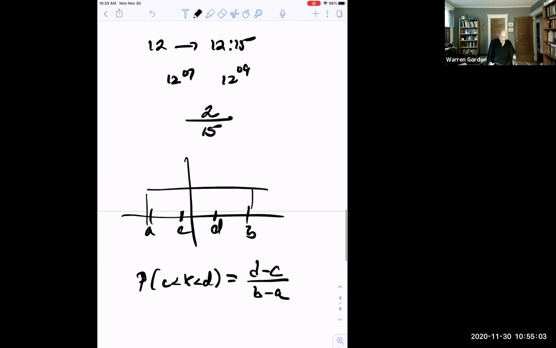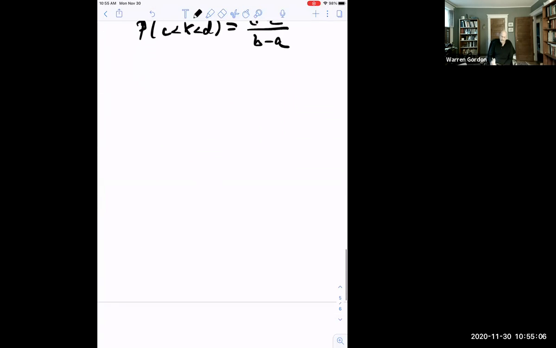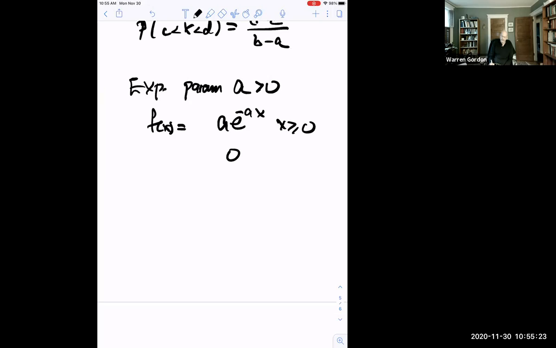That's why it's uniform. And then I defined the exponential distribution with parameter a. f of x was defined to be a e to the minus ax, and a is greater than 0, of course, if x is greater or equal to 0, and 0 elsewhere.